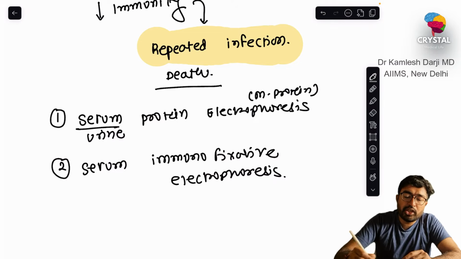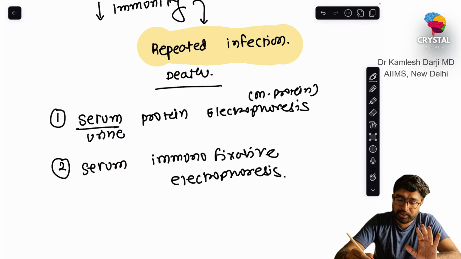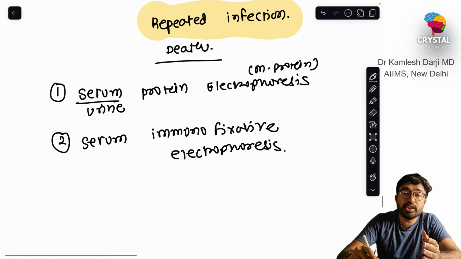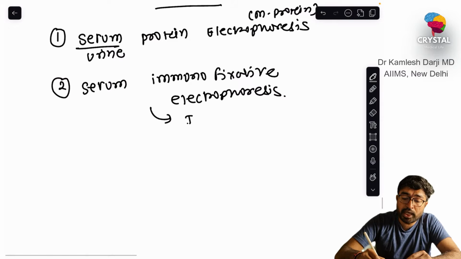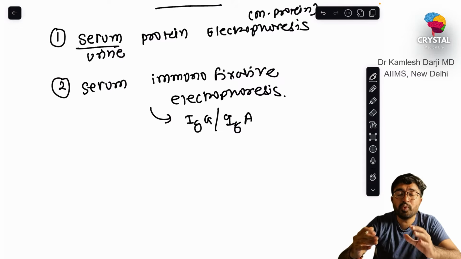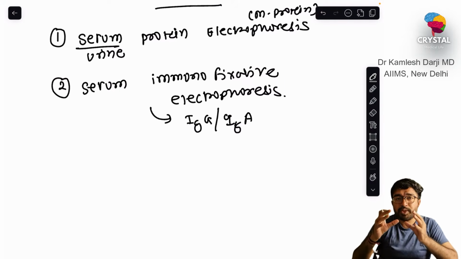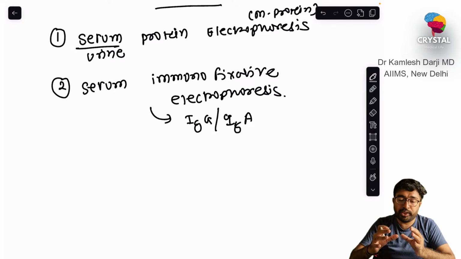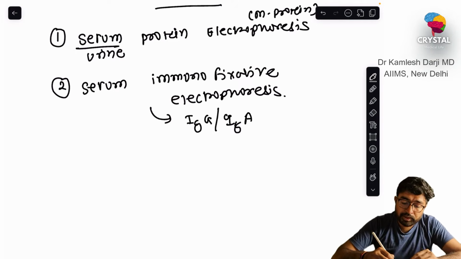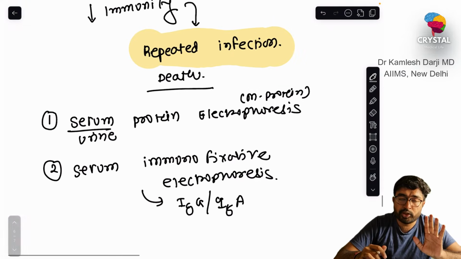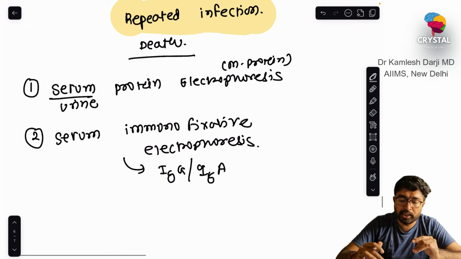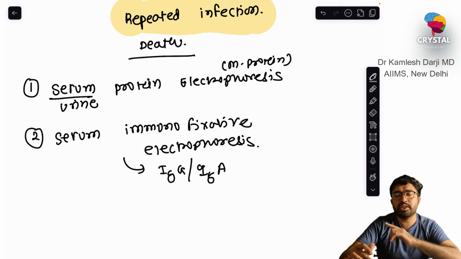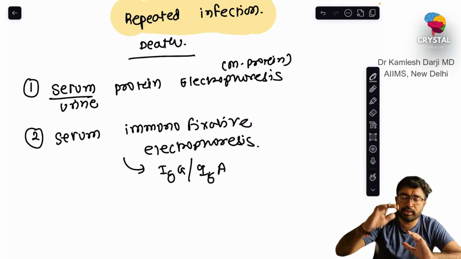By this test, you will see that, oh, M protein is there, but which immunoglobulin? Is it IgG or IgA? You will know the specific type of immunoglobulin by this method. So these two tests we are performing for the detection of the M protein. And in the serum protein electrophoresis, you will see a graph like this, the M spike.